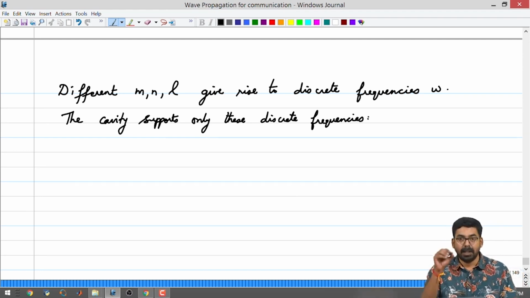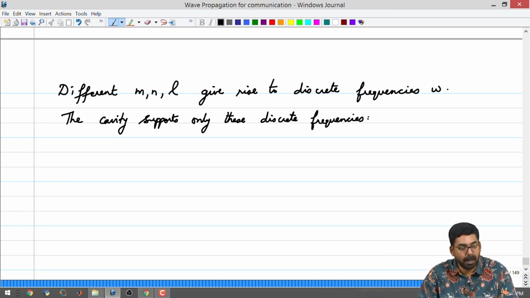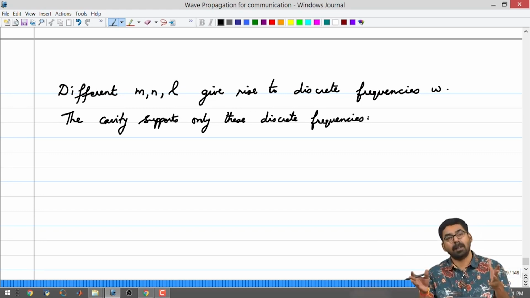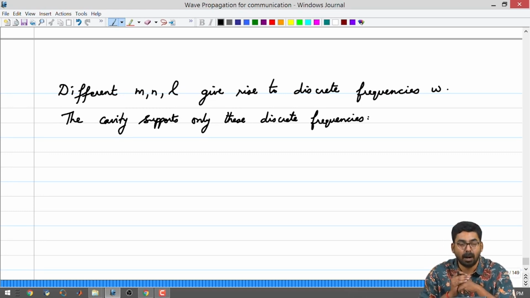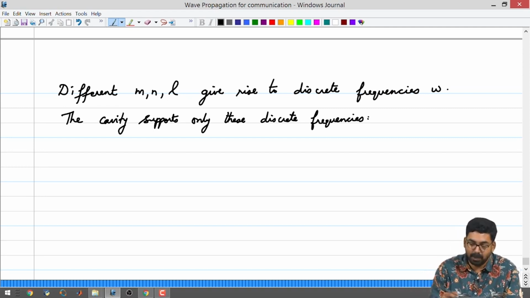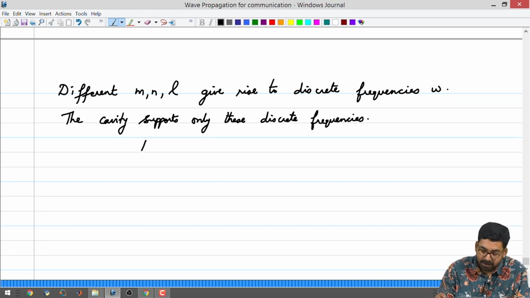It supports discrete frequencies, okay, which can form the standing wave patterns according to the boundary conditions on all the sides. And these kinds of discrete frequencies, right, are known as cavity resonance frequencies.